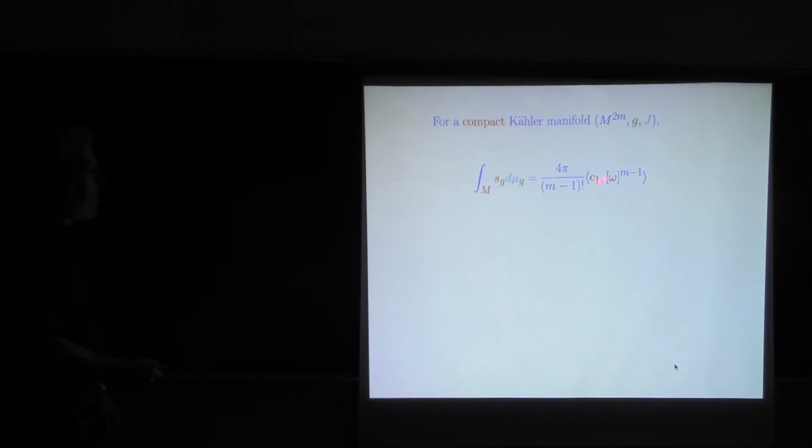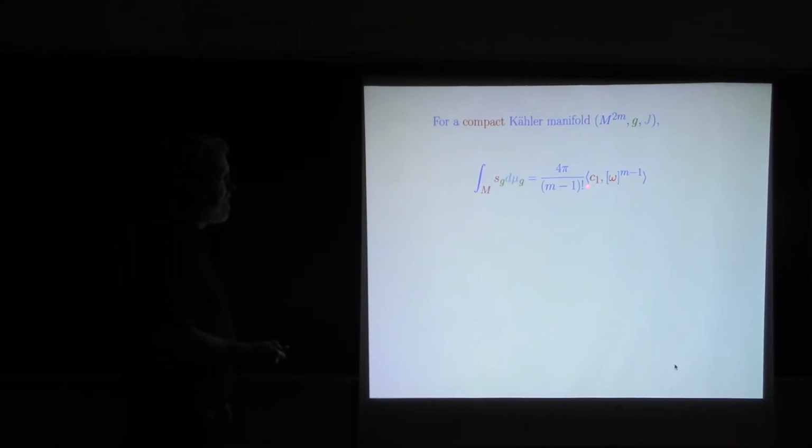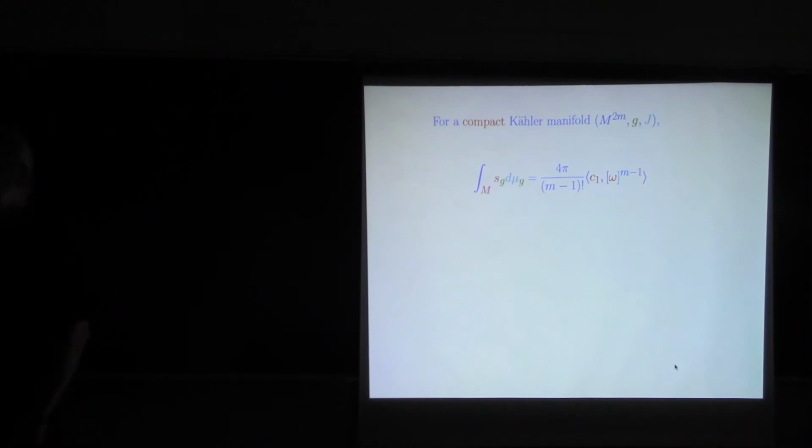This is a mysterious looking formula, but it's related to a fact about compact complex manifolds. So if you have a compact complex manifold, the integral of the scalar curvature is actually something you can read off by pairing C1 with a power of the Kaehler class.